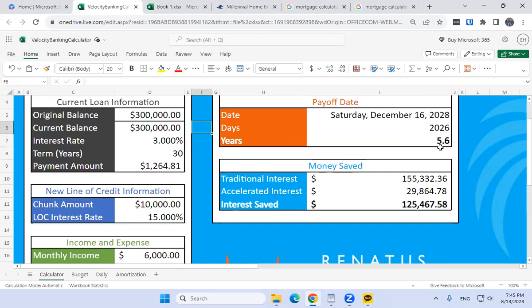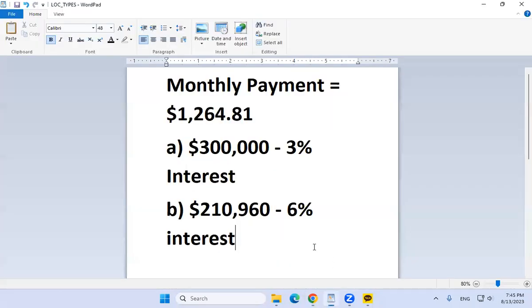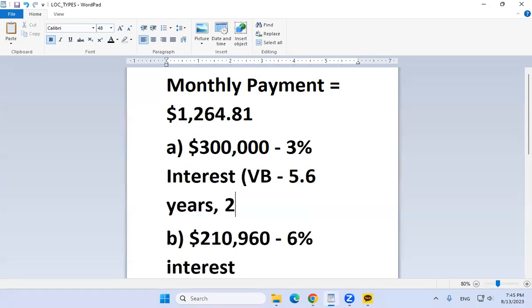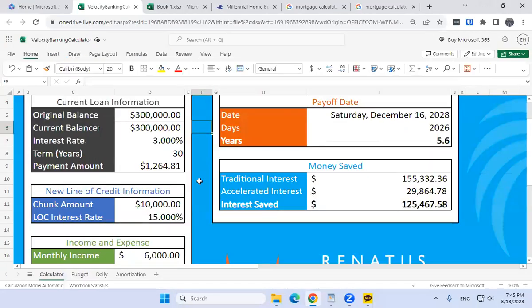As we can see, it's going to take 5.6 years and $29,000 of interest. So let's say VB, velocity banking: 5.6 years and 29,000 in interest. Okay, so we have that here.